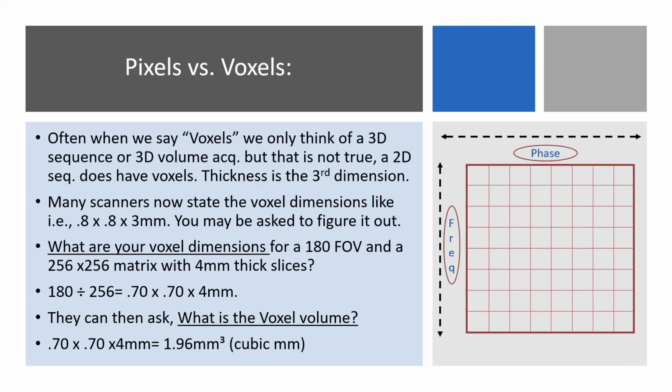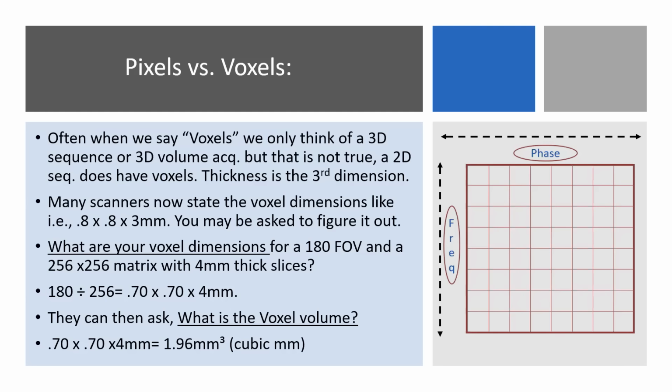Okay. Nowadays, the modern scanners are going to tell you voxel dimensions. They'll give you 0.8 by 0.8 by 3. Great. What does that mean? Well, hey, 0.8 by 0.8, those are pretty small pixels. Yes, they are. What are your voxel dimensions? They might say to you, what are your dimensions for a 180 field of view and a 256 matrix with 4 millimeters thick?